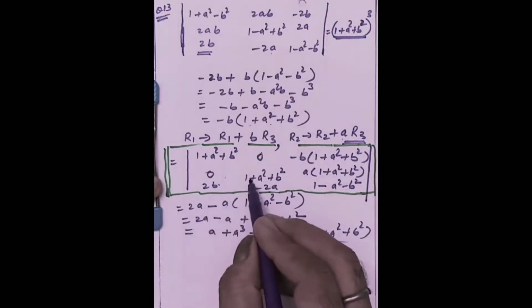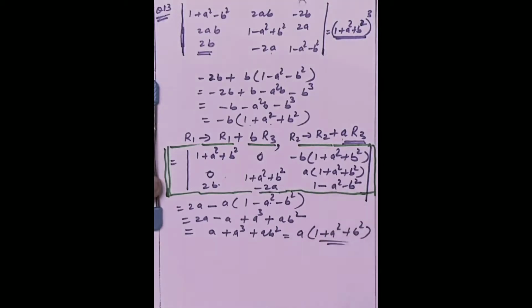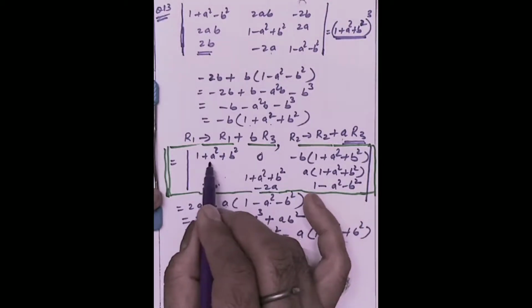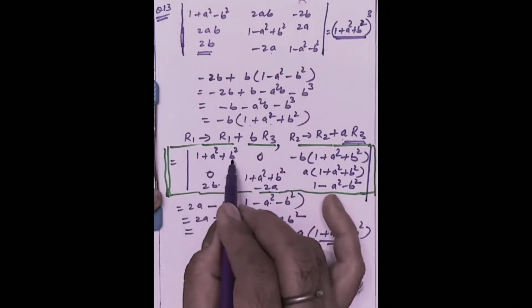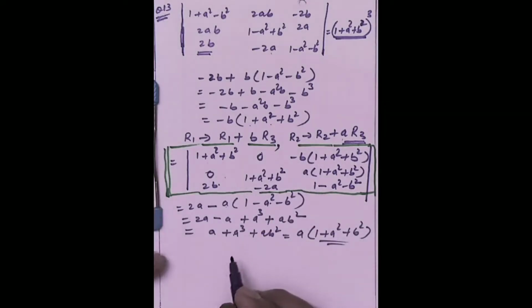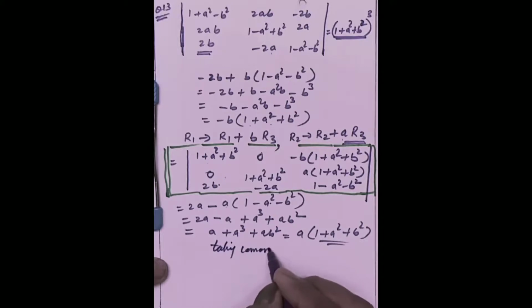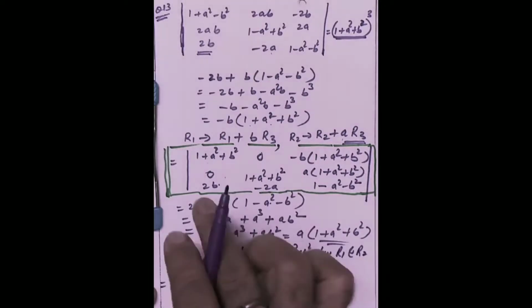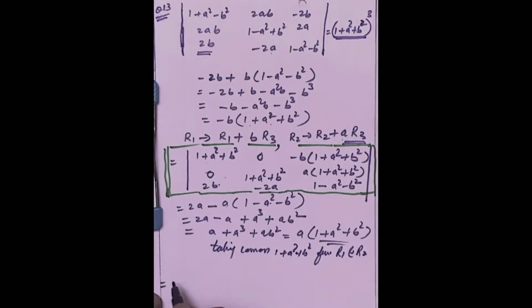Here we have 0, 1 plus a square plus b square, 1 plus a square plus b square. Means we can take common 1 plus a square plus b square from r1 as well as from r2. So taking common 1 plus a square plus b square from r1 and r2, we get outside 1 plus a square plus b square whole square.